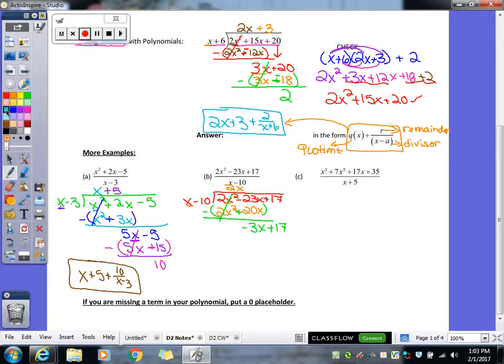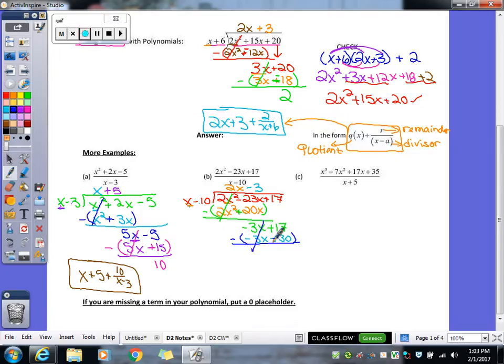So now x times what gives us negative 3x? Negative 3. So negative 3 times x is negative 3x. Negative 3 times negative 10, positive 30. So when we subtract them, what happens with our x's?